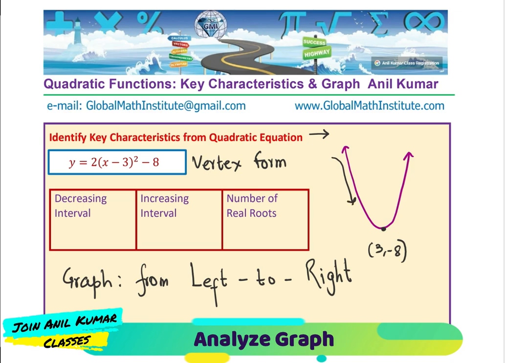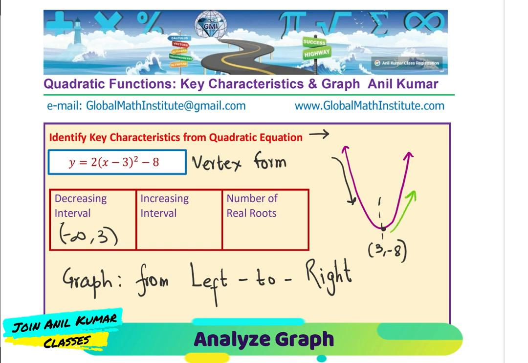You get the idea. And it decreases till which value? Till this vertex, which is at 3. So therefore, we could write the decreasing interval from minus infinity to 3. Makes sense? Because the domain is from minus infinity to plus infinity. And now, what happens after 3? Well, after 3, the graph starts increasing.